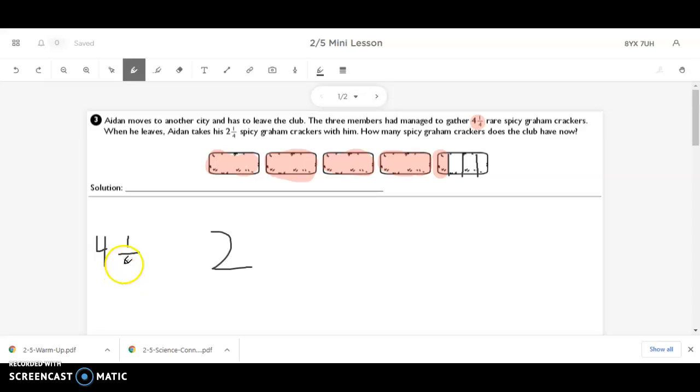As we have been practicing, we are going to subtract the fraction first, then the whole numbers. And we can show that by crossing out. So, we're taking away 1/4. So let's cross that out. Excellent. And then 2 wholes.